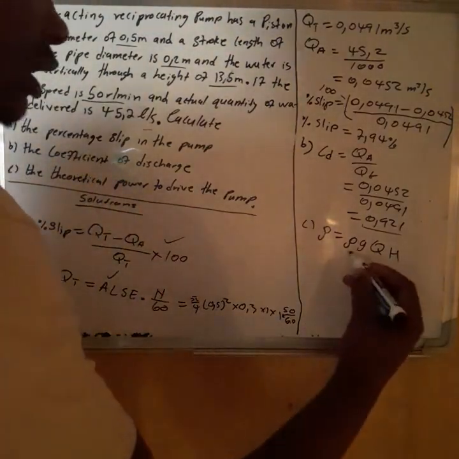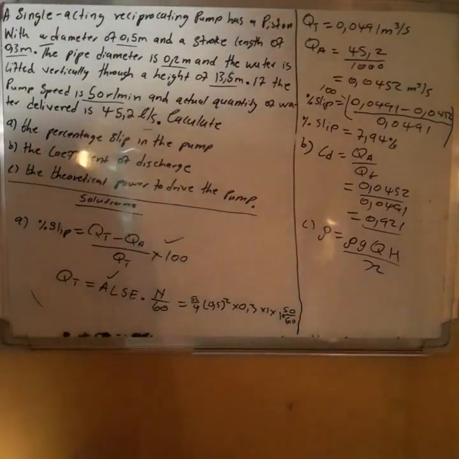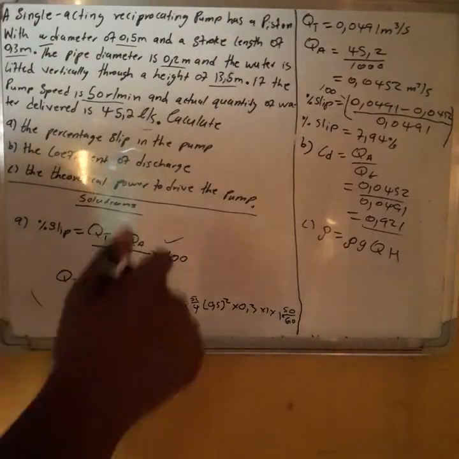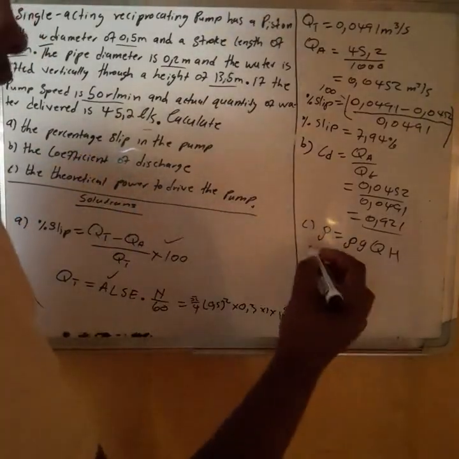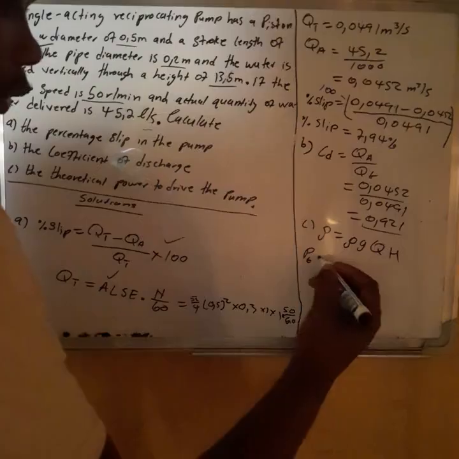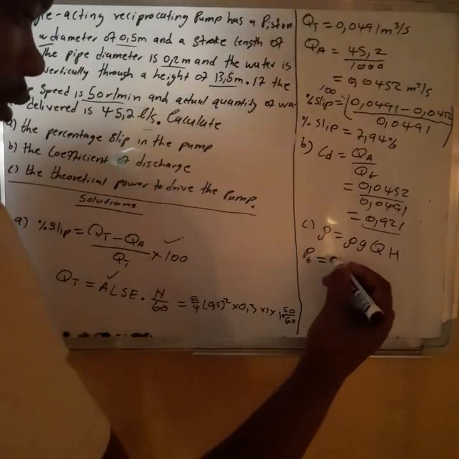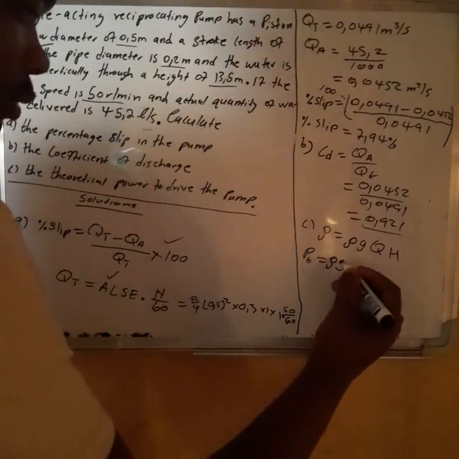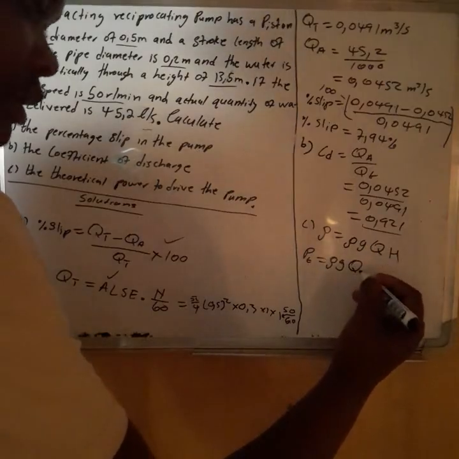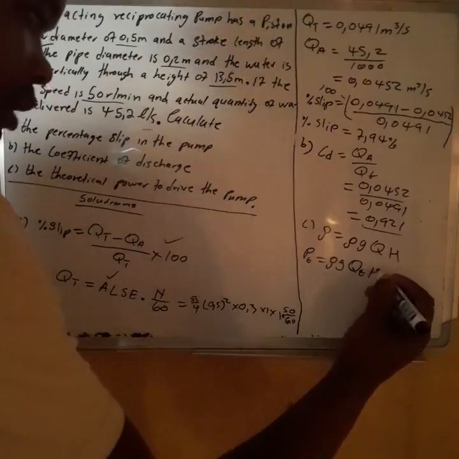If we have an efficiency, we divide by it, but we don't have one. For the theoretical power, PT is rho g Q multiplied by H.